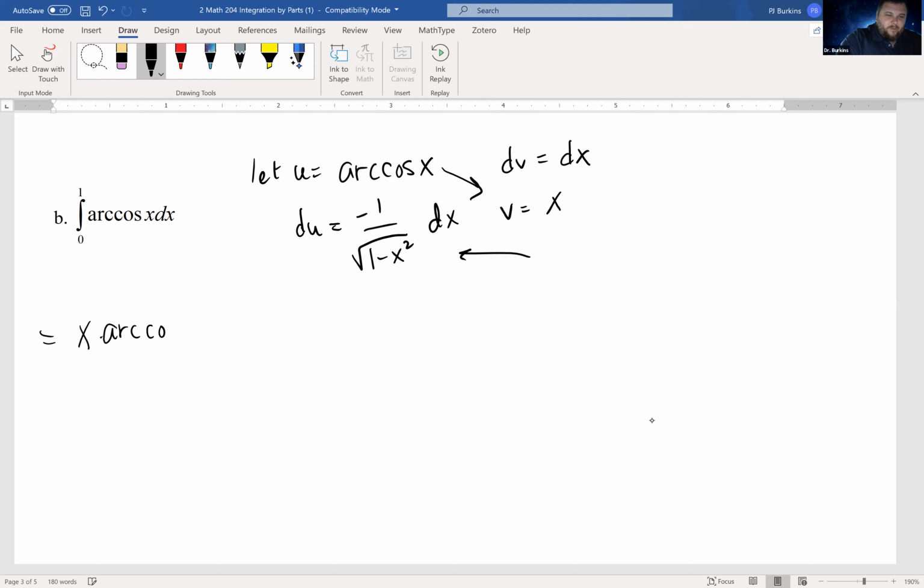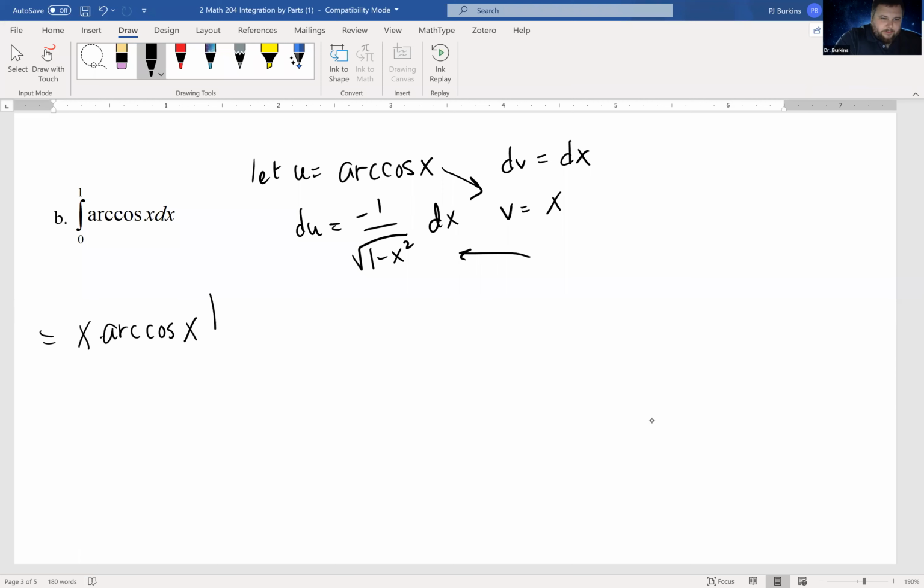It's kind of the correct way to write things. You wouldn't necessarily write arc cosine of x times x. If you do, sometimes it can be confusing. You may think that the x on the outside can be combined on the inside, and that is not the case. So I'm going to put it in front here.